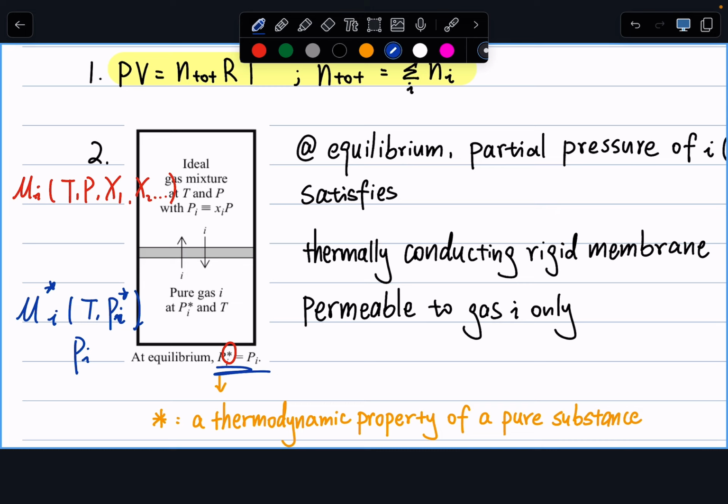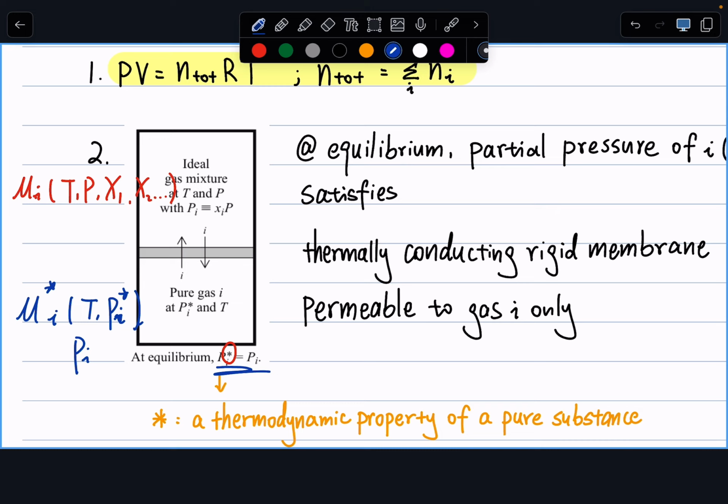So B and C will not permeate through. But in order for A to remain in equilibrium, the pressure on the right-hand side must equal the partial pressure of A on the left-hand side. Right, so the pressure of species A must remain the same on both sides of the membrane so that we have equilibrium.